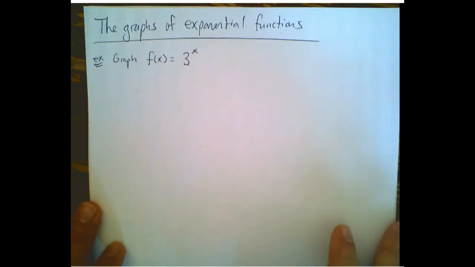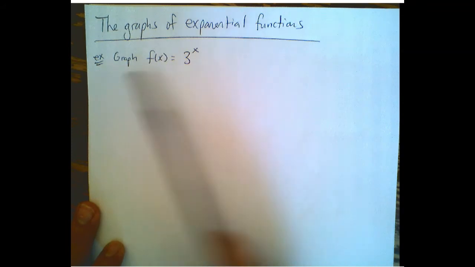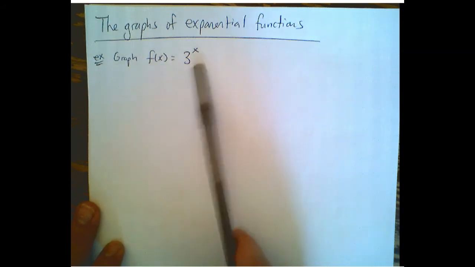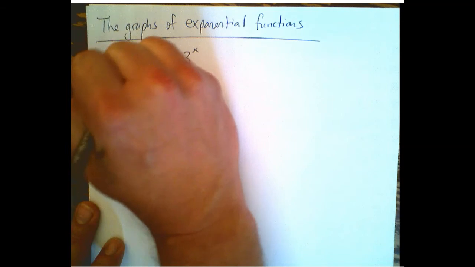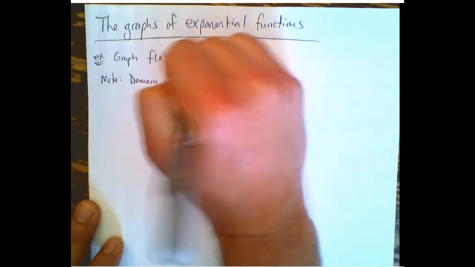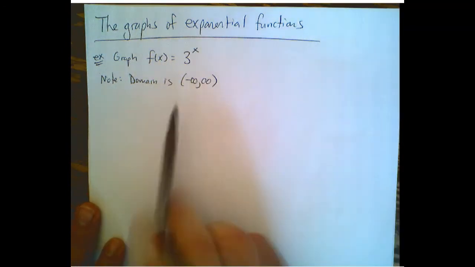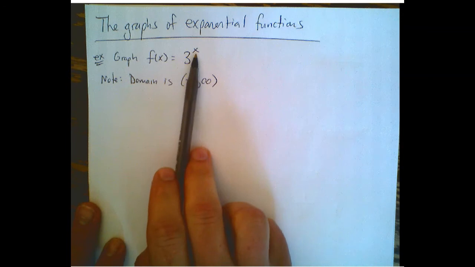Okay. All right, so note with the domain of this guy, since x doesn't have any fractions or roots associated with it, the domain is all real numbers, no fractions or radicals there. So we can plug in any number for x that we want.